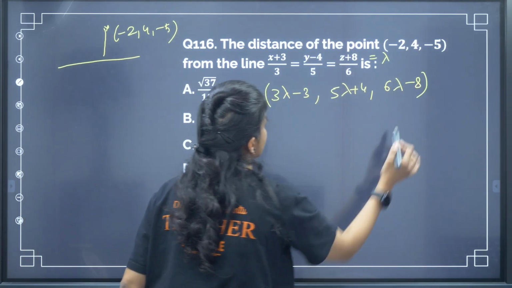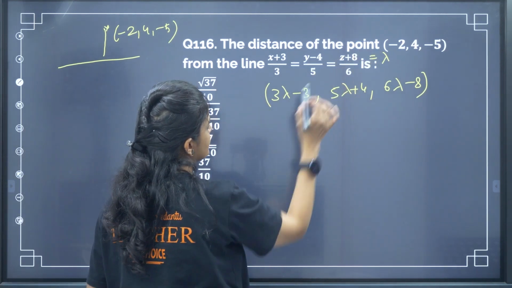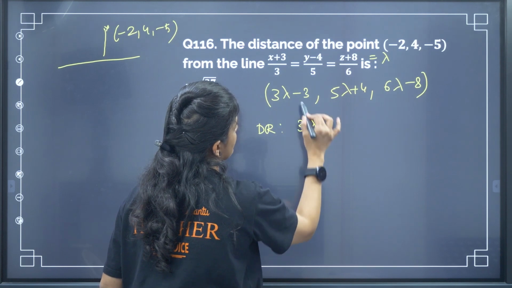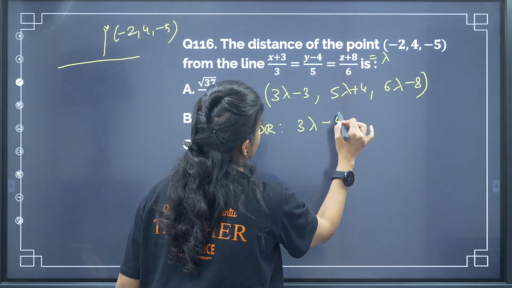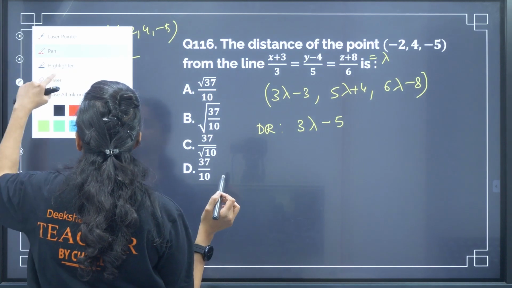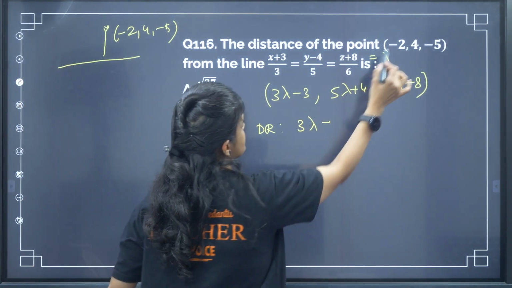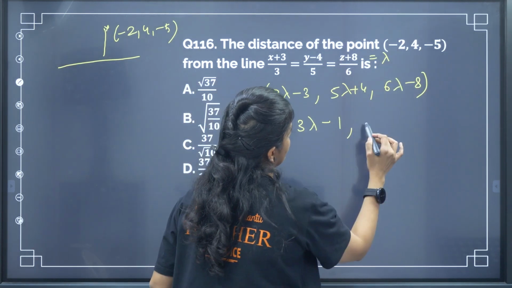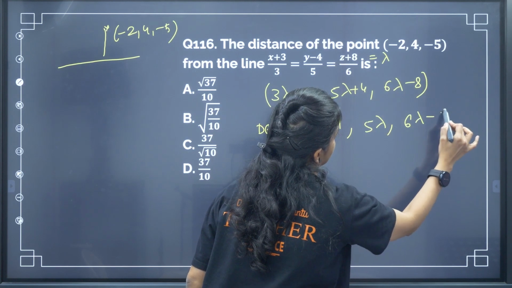Now, you have the point. Take that point, take the DRs. We have 3 lambda minus 5 plus, it will be minus 1, not 5. So minus of minus it will be minus 3, minus of minus, so plus 2 it will be minus 1, and we have 5 lambda here, it will be 6 lambda minus 3.